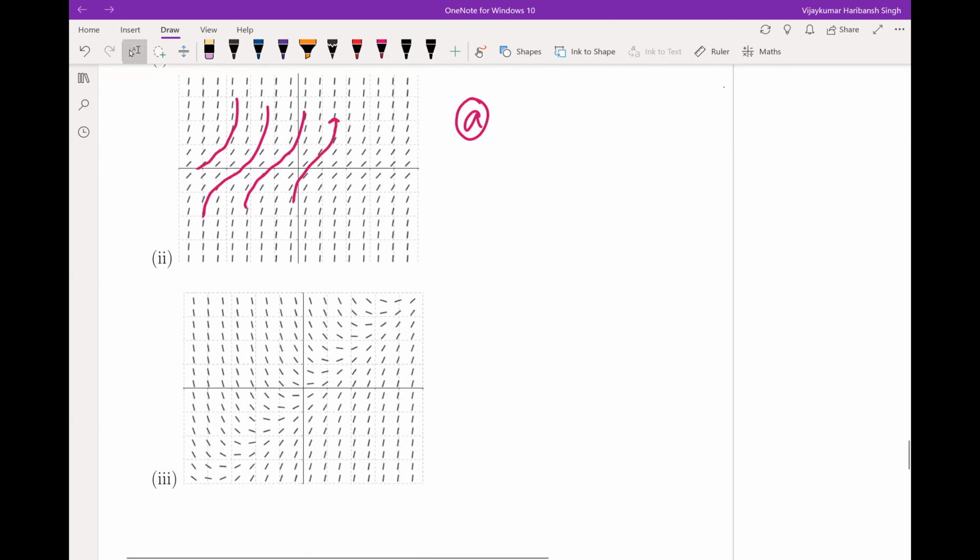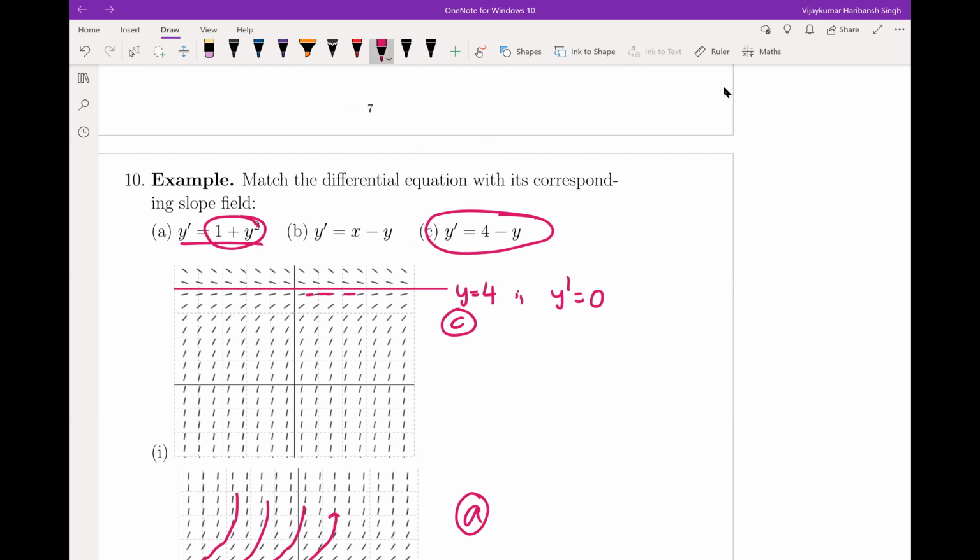If you look at this one here, somewhere around the line y equals x, we are getting an equilibrium. So this must be your B. Another way to look at this is the only one which depends on x, right?